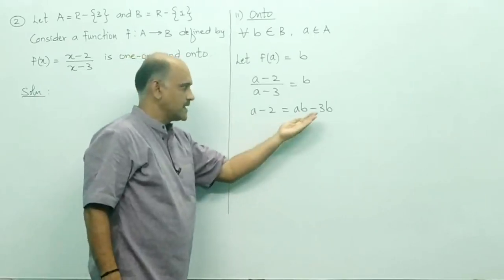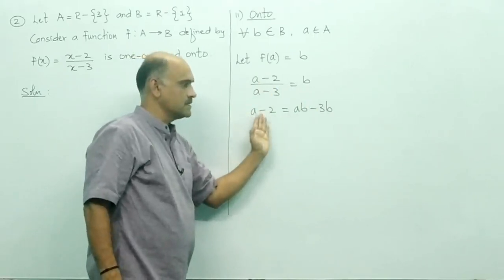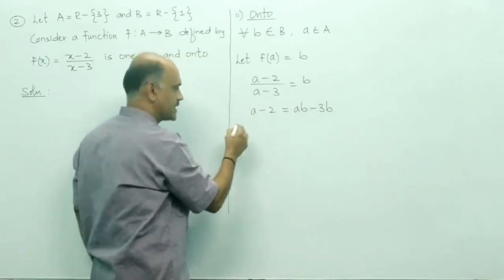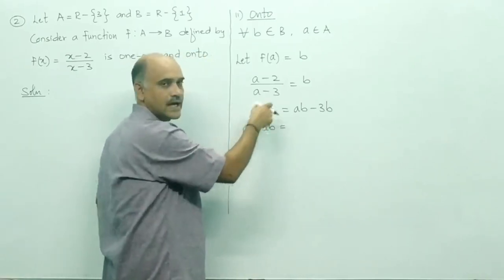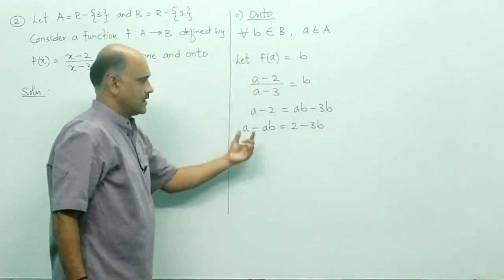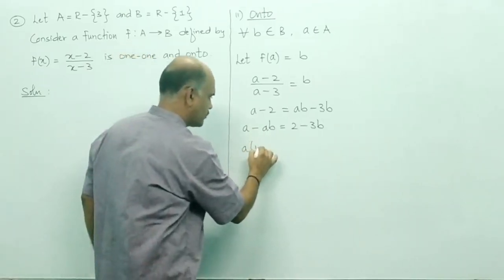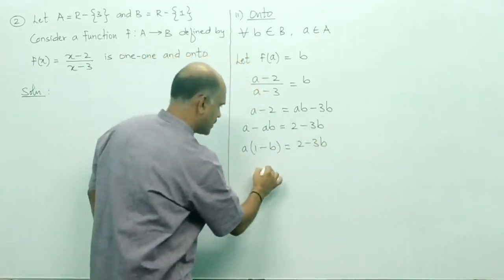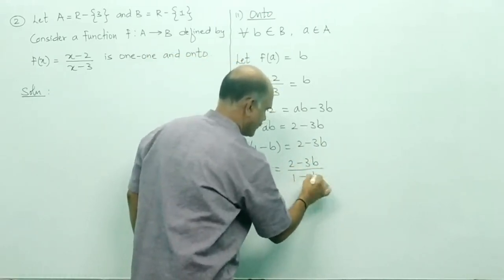So you take it to the LHS: a minus ab is equal to, the terms without a go to the RHS, so you will have 2 minus 3b. Now take a common, you will get the value of a. So a into (1 minus b) is equal to 2 minus 3b. Therefore a is equal to (2 minus 3b) divided by (1 minus b).